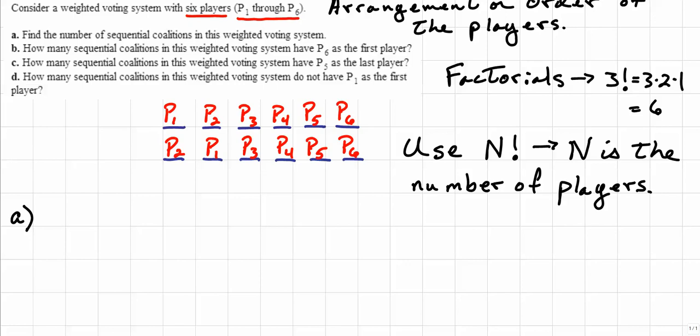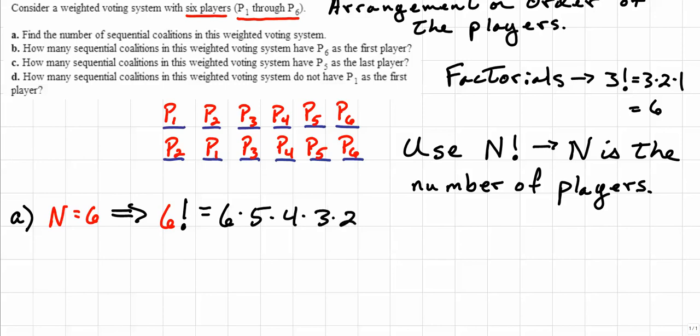Remember, n is equal to 6, therefore the number will simply be 6 factorial. That's 6 times 5 times 4 times 3 times 2 times 1, which is equal to 720.